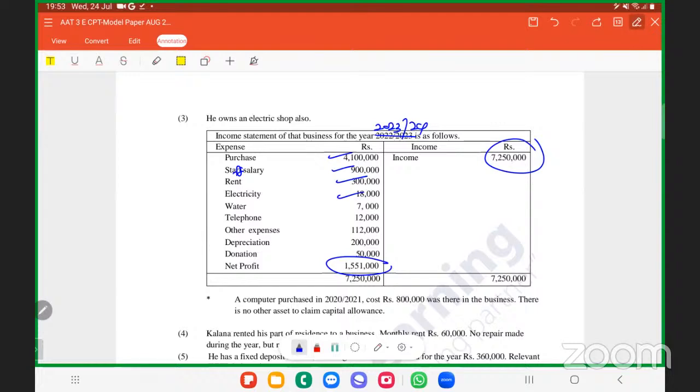Electricity, water, telephone and other expenses you can also allow as per section 11. Section 11 means if you incur a particular expense to generate the business income, you can deduct that as an expense. But as per section 16, the accounting depreciation is not allowed to deduct.